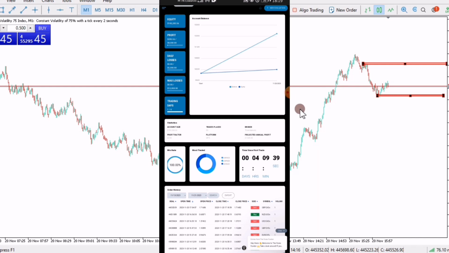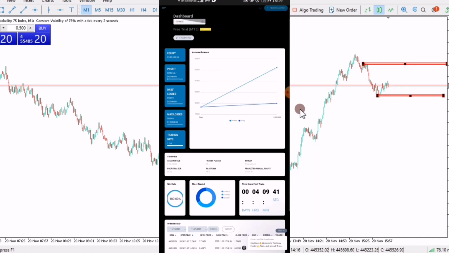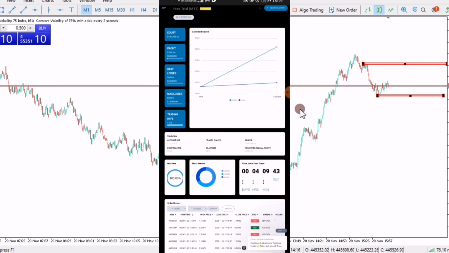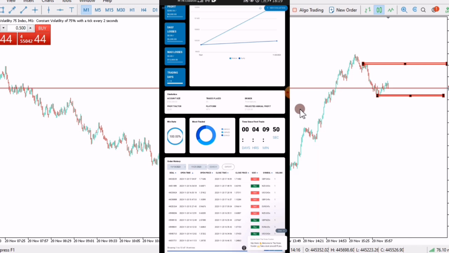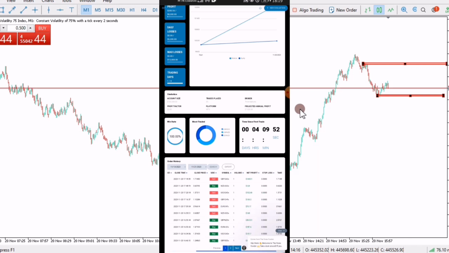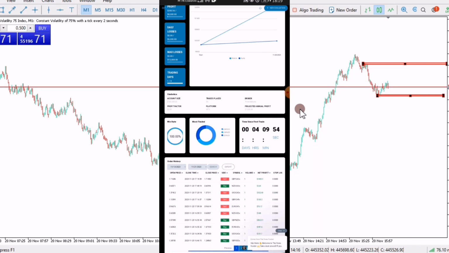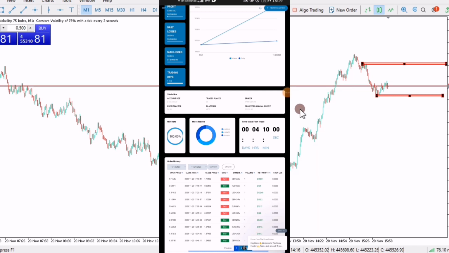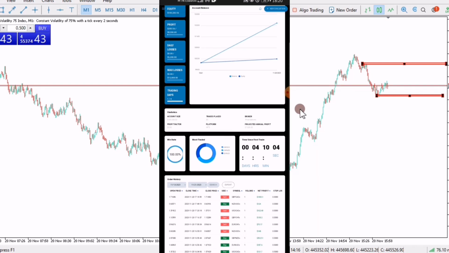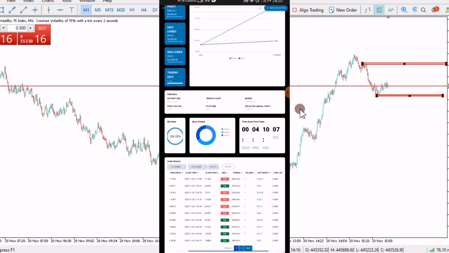Let me just show you what I was talking about. These are the trades that I showed you. So far it's in profit. I haven't made any losses, as you have seen. Let me show you the trades that I took. Those are the trades that I had down there. It's been all wins.